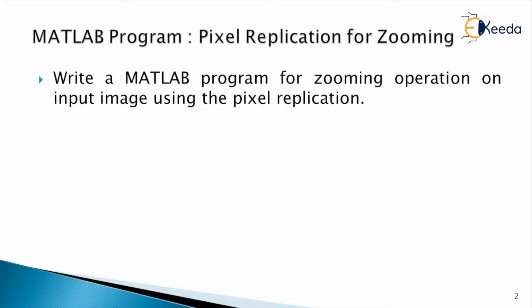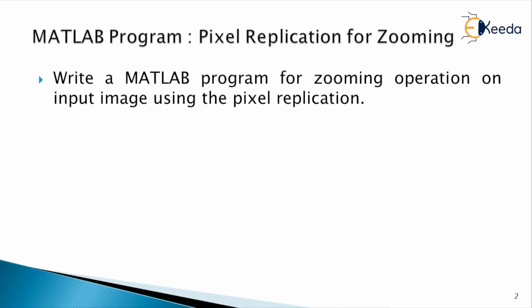Now there should be one zooming factor. We should perform this MATLAB programming while focusing on the zooming factor that we take as input accepted from the MATLAB command window. And what should that zooming factor be? Initially we are going to take a zooming factor of integer type.